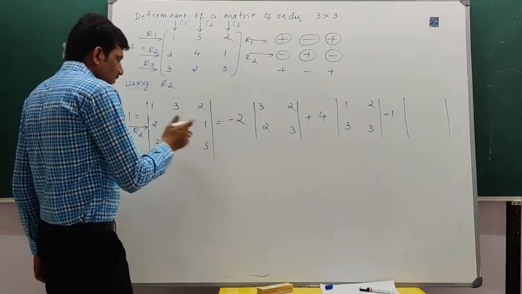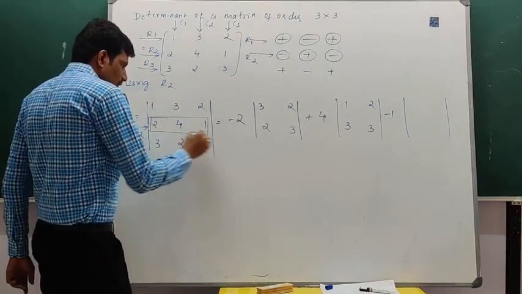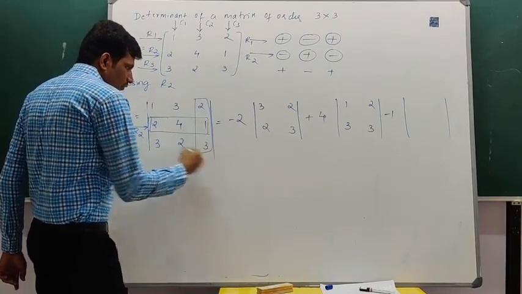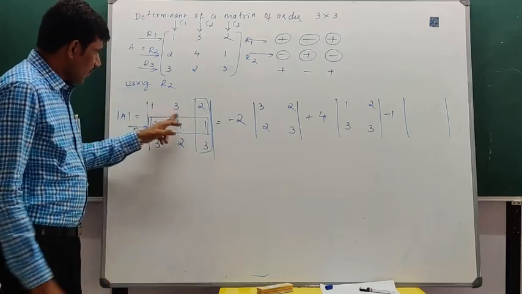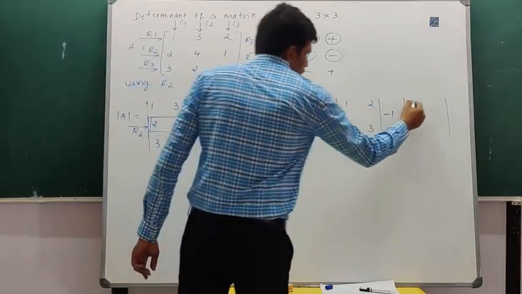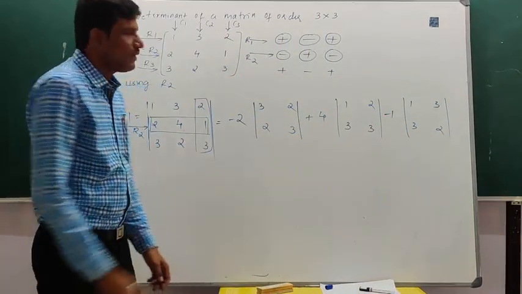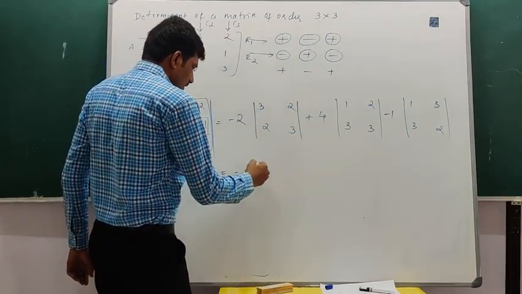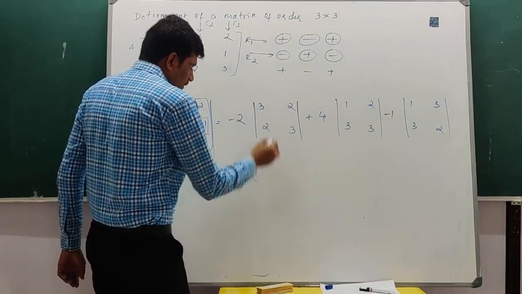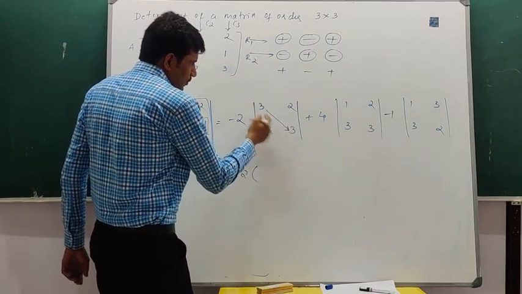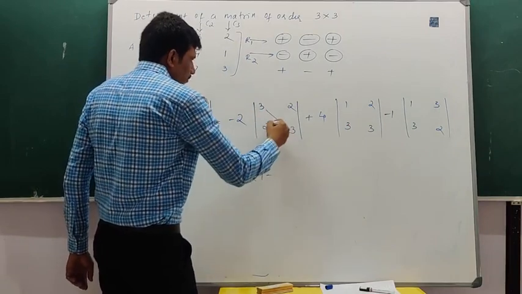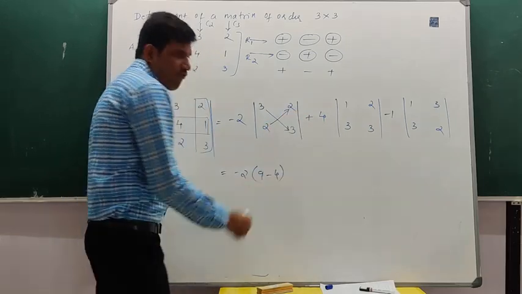Now where is this 1 present? It is present in the second row and third column. We have to use that. Now what is left here? 1, 3, 3, 2. Now we have to expand this. Right? So now minus 2 into, first we have to multiply this. So 3 into 3 is 9. Minus 2 into 2 is 4.